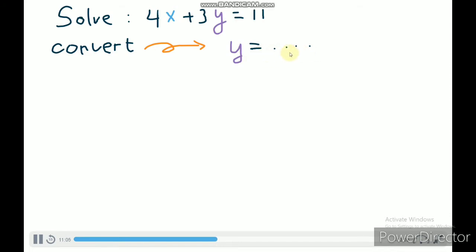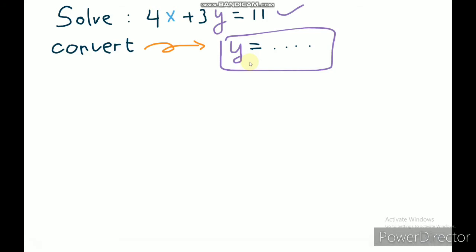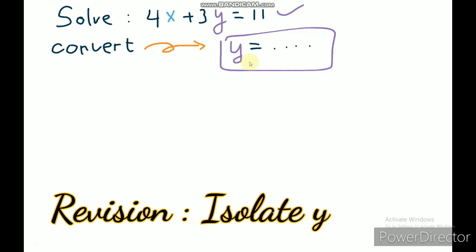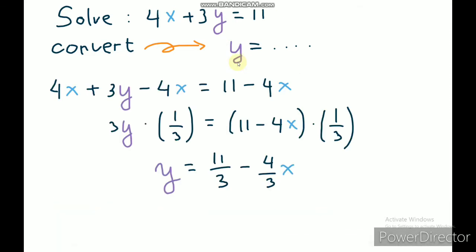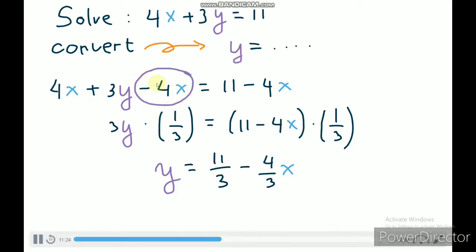We are still speaking of the same equation but in a different form, y equals something. So how to convert that? Of course, you just use algebra steps to isolate y. So this is what I'm doing. I begin by subtracting both sides by 4x, I'm sorry, right?